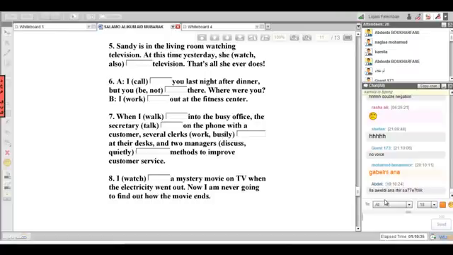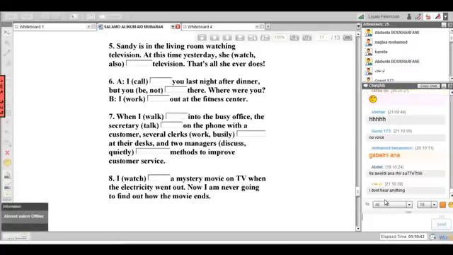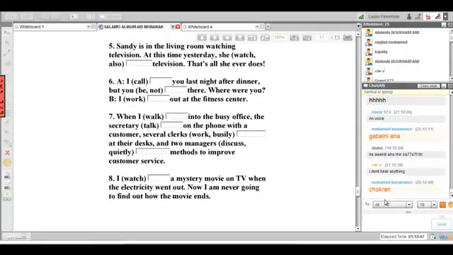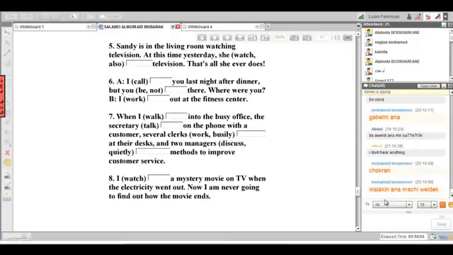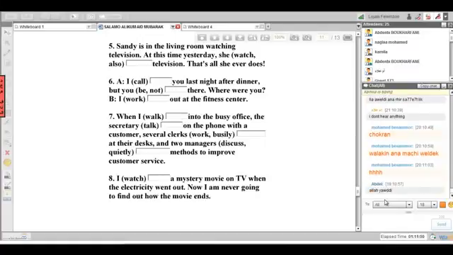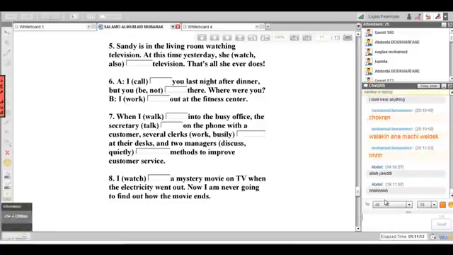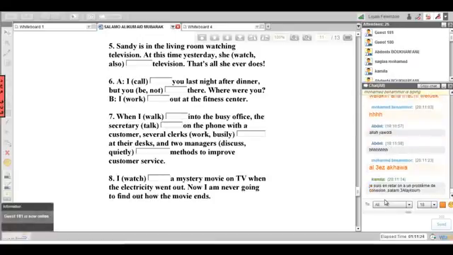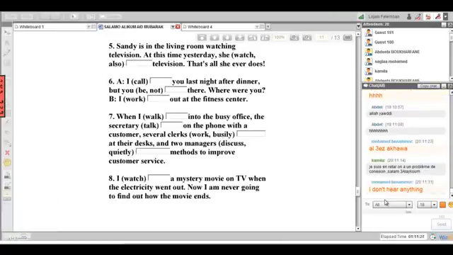Okay, secretary was talking on the phone with a customer. Several clerks work busily at their desks. We are in the seventh question of the exercise. So, several clerks work busily, working.